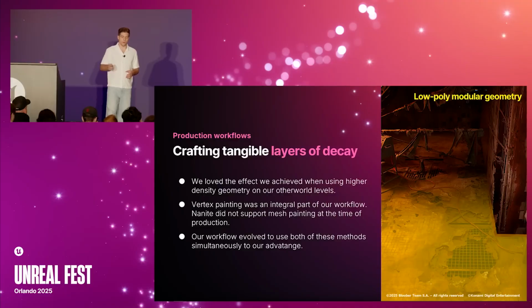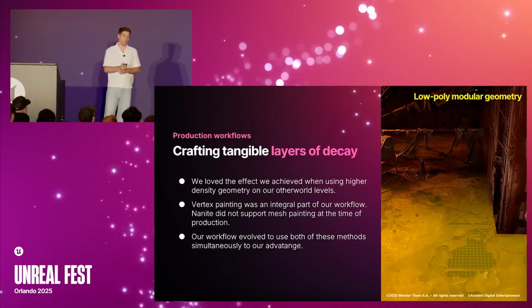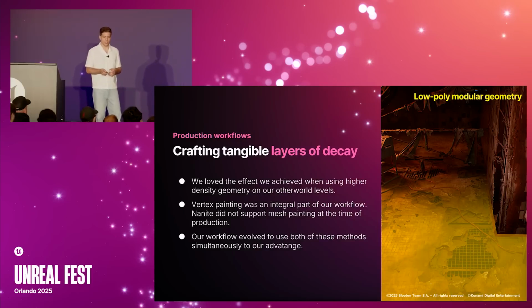So you have, for example, Brookhaven Hospital fog world, and then you have the Otherworld. So we started out with basic modular geometry, like flooring, walls, ceilings, etc. And these were just directly copied over from the fog world. It proved a good foundation to start out with, just with some very simple material tweaks and changes.